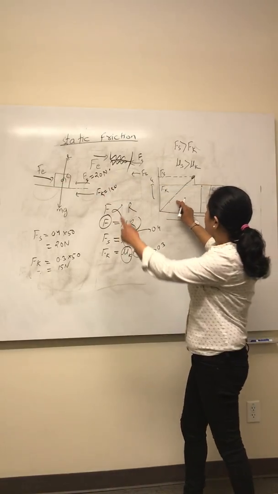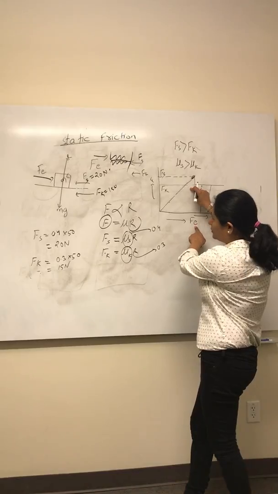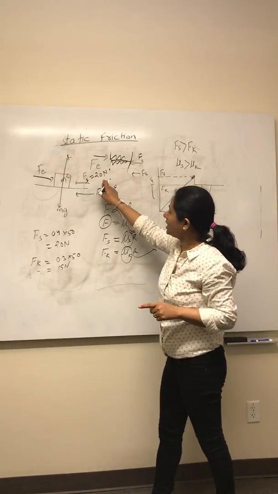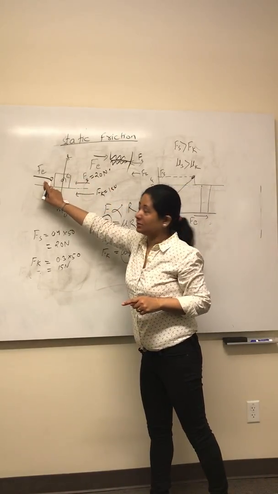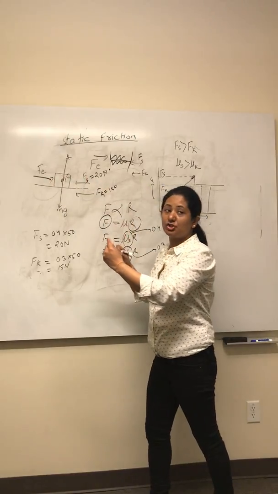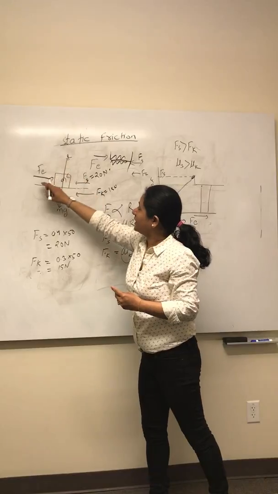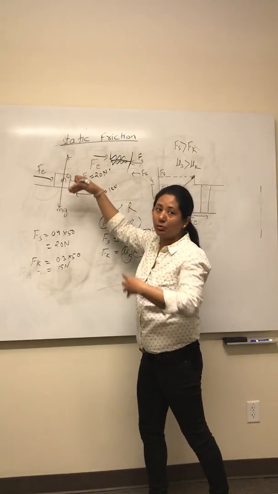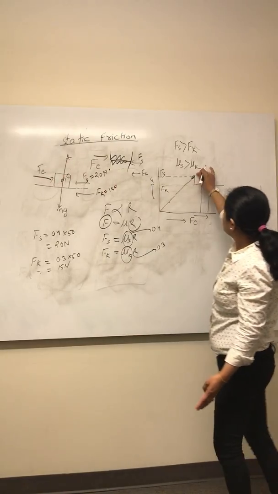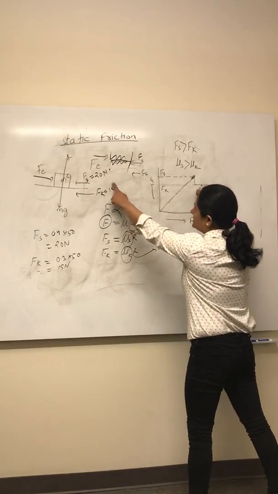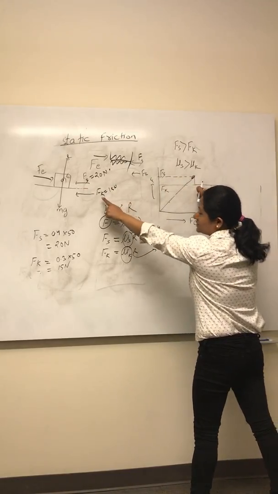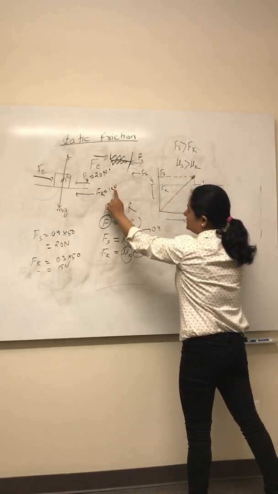However, the static friction is increasing as the external force increases. When the external force applied is 20 newtons, that is just enough to slide the body. Beyond that, if I increase the external force above 20, the friction quickly drops and the body slides. The quickly dropped friction here is the kinetic friction, which is less than 20, namely 15.